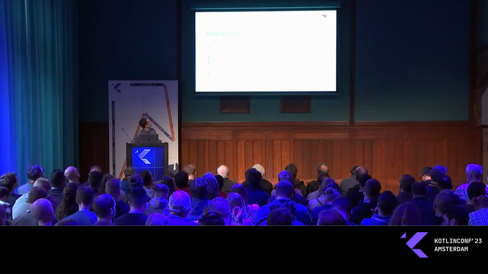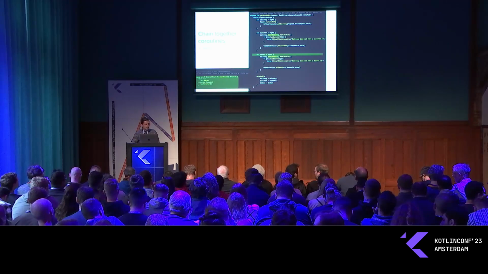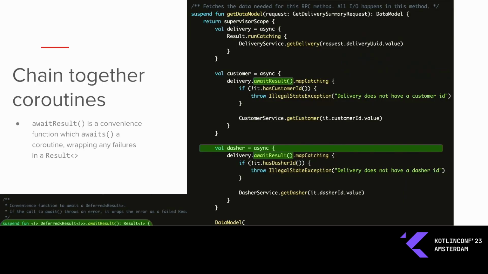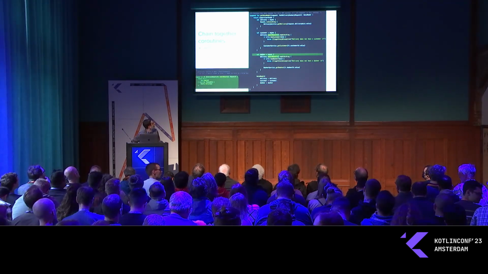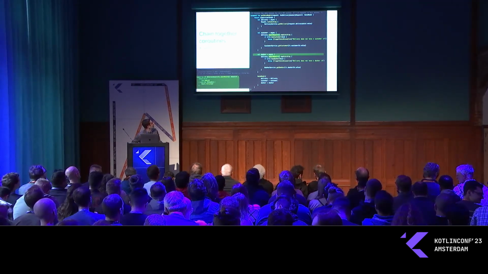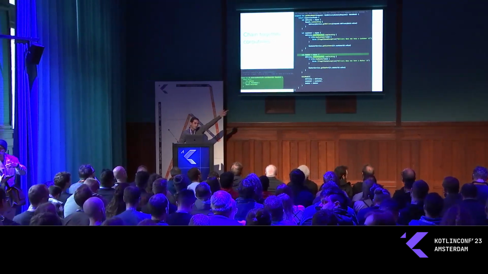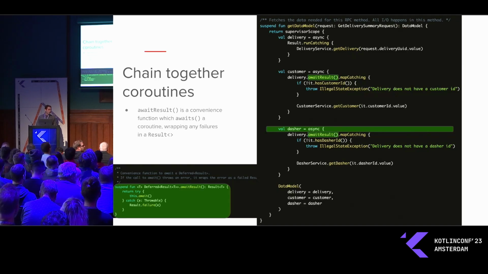If I pull back to, yeah, so here, the call to Dasher service depends on data in the call to delivery service. And so I'm awaiting the one coroutine there and then passing that ID to the next call. Does that answer your question?